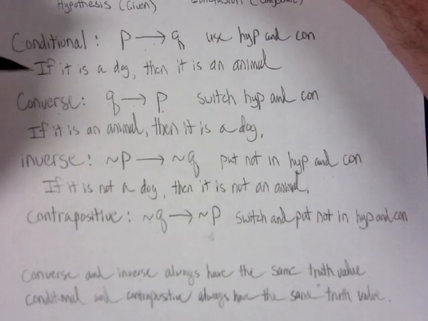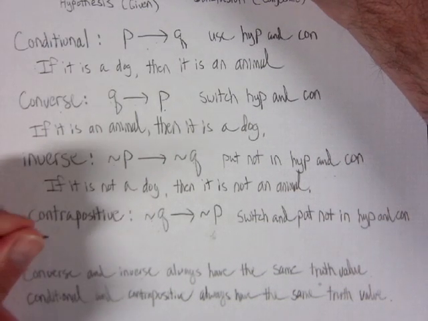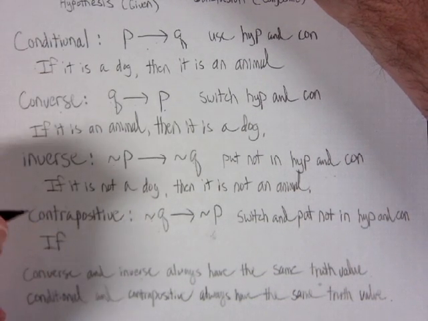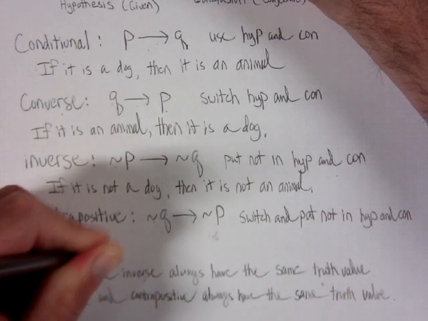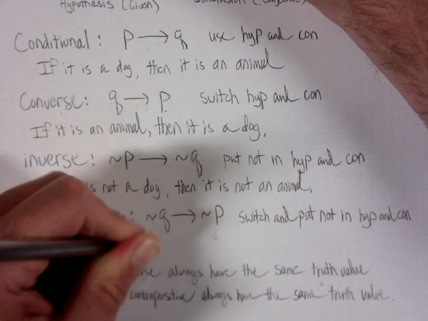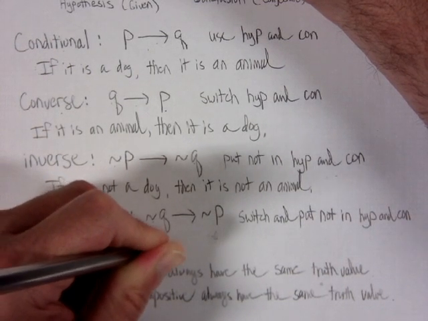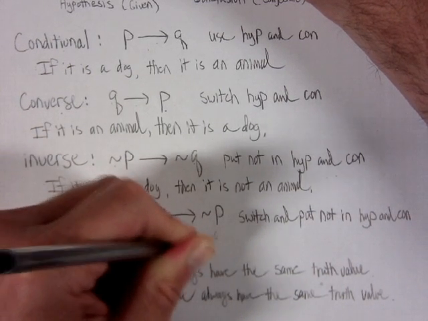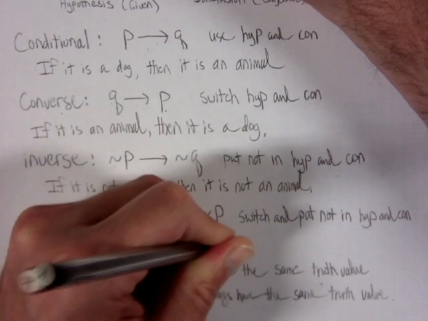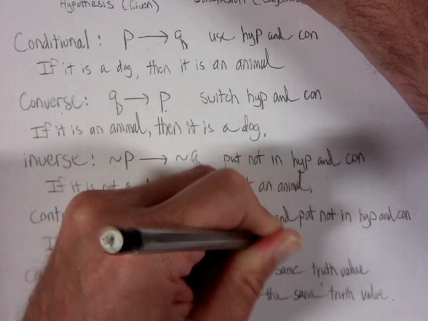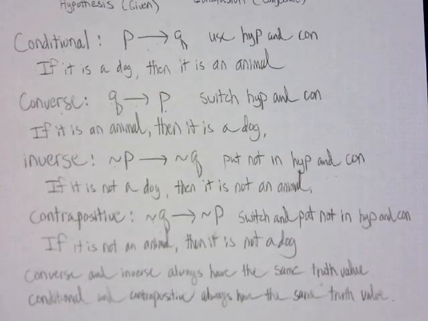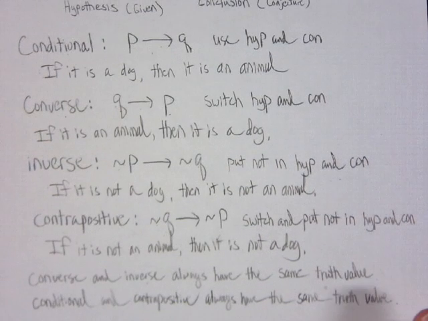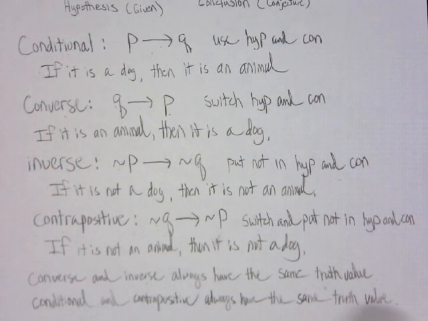So if I take my conditional statement and want to make the contrapositive out of it, I would have to switch it and put not: if it is not an animal, then it is not a dog. So again, this is an example of how to form the converse, the inverse, and the contrapositive.